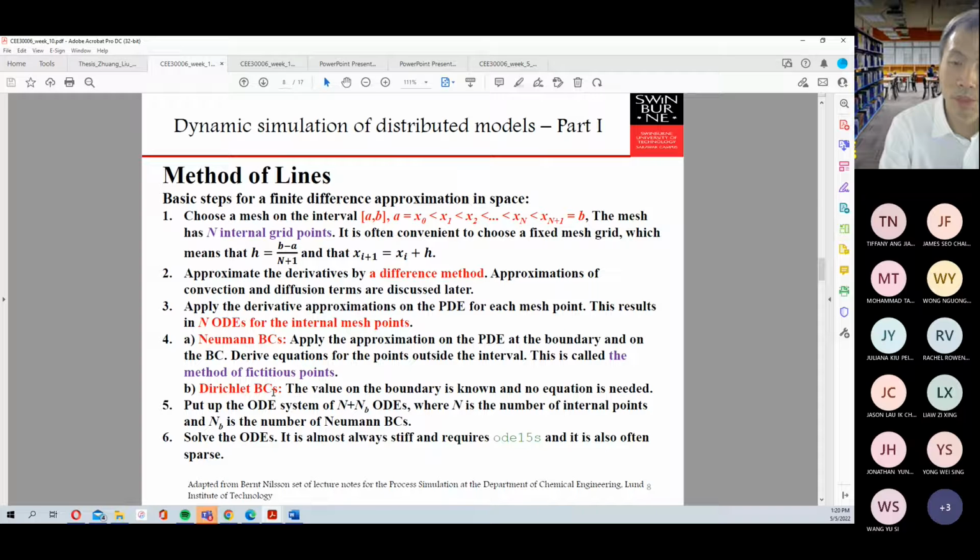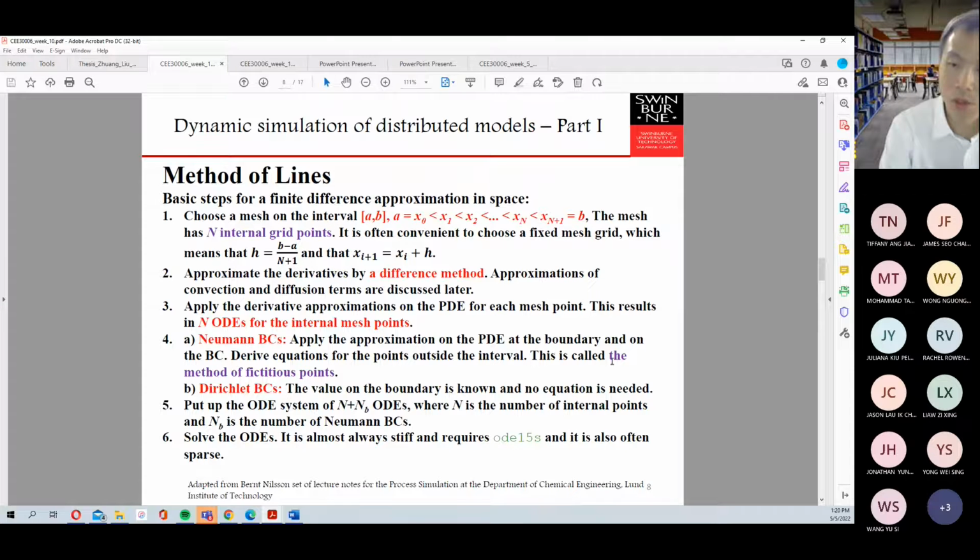If you have Neumann boundary conditions, that means the derivative value of your dependent variable is known, then you also need to apply the finite difference at the boundary, meaning the endpoints, either the left limit point or the right limit point, and also on the boundary conditions as well.